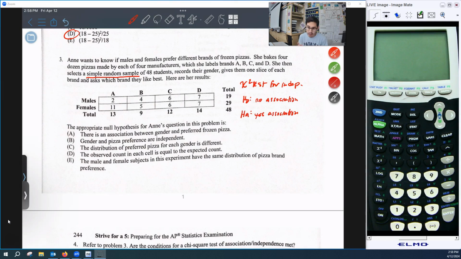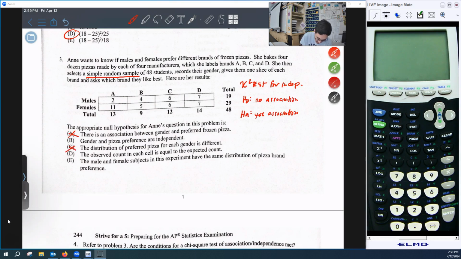All right, so the correct null hypothesis is going to be something of the flavor no association. Okay. So we're going to eliminate A. That actually sounds like the alternative hypothesis. B, okay, I don't want to eliminate that one yet.